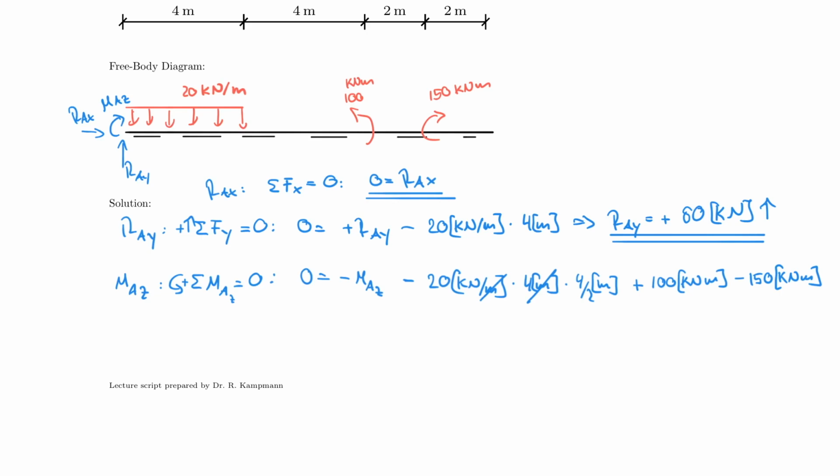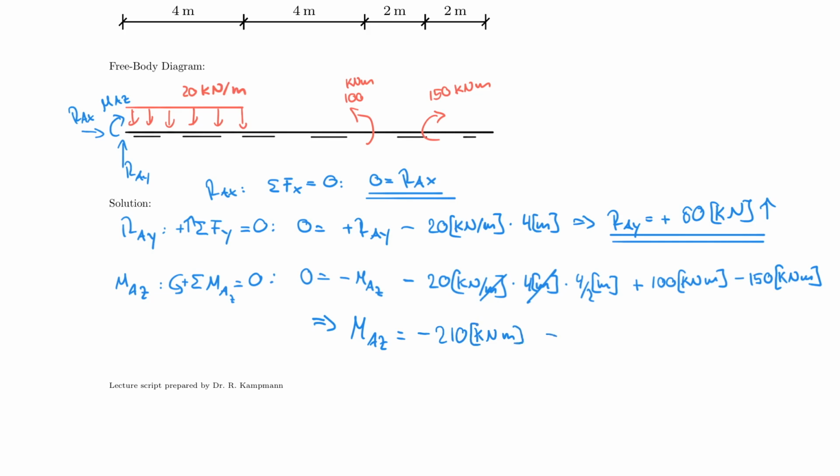on the two different types of equation, force equilibrium and moment equilibrium. So you'll see that here we just added them depending on their rotational sense. Last thing for us to do is to find the answer to MAZ, which in this case comes out to be negative 210 kilonewton meter.